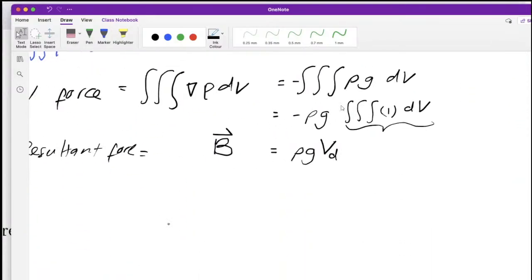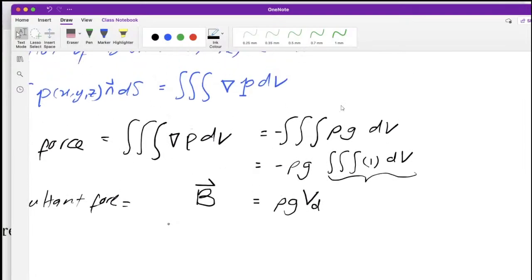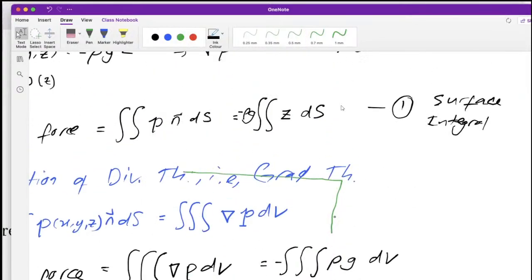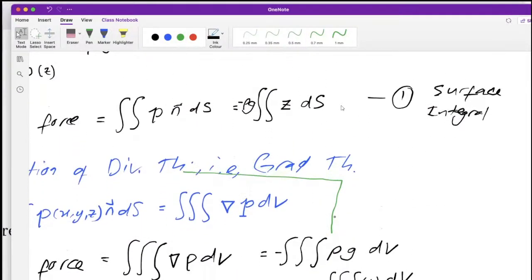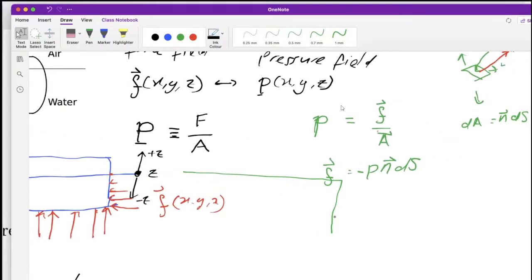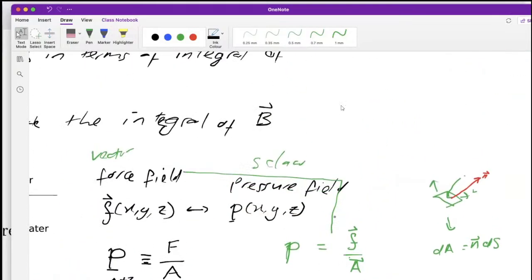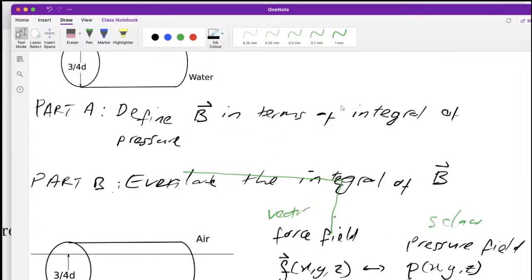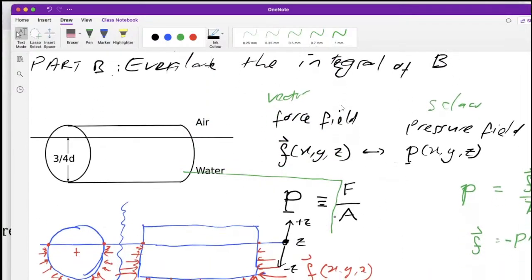Okay, so this is the final point for this part one. Before I restart, I just want to make sure of what I mentioned before.